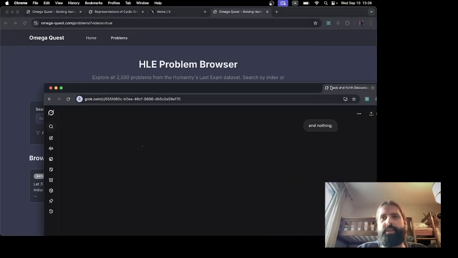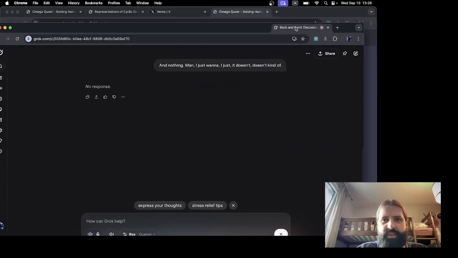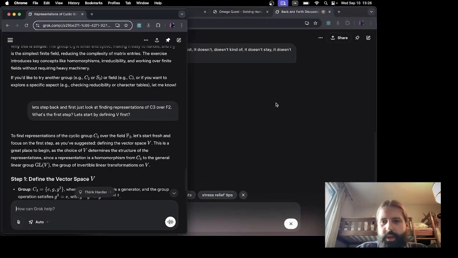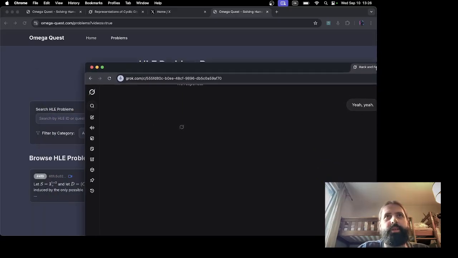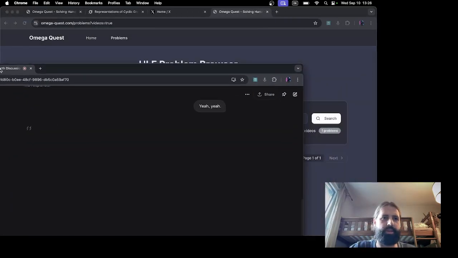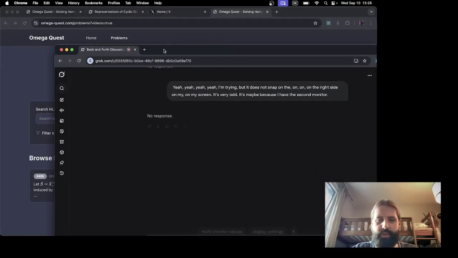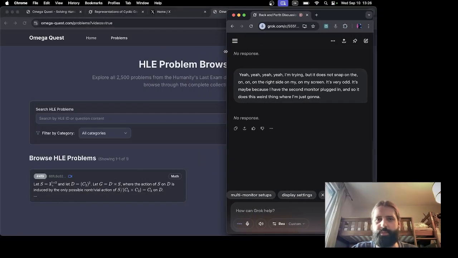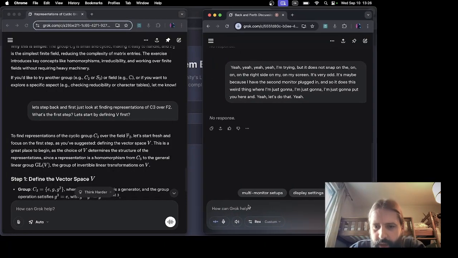It doesn't split nicely. So you're trying to drag the window to snap in? Yeah, but it does not snap on the right side of my screen. It's very odd. Maybe it's because I have the second monitor plugged in. I'm just going to put you here. Yeah, let's do that. I will have to mute you for a second, but we're looking.